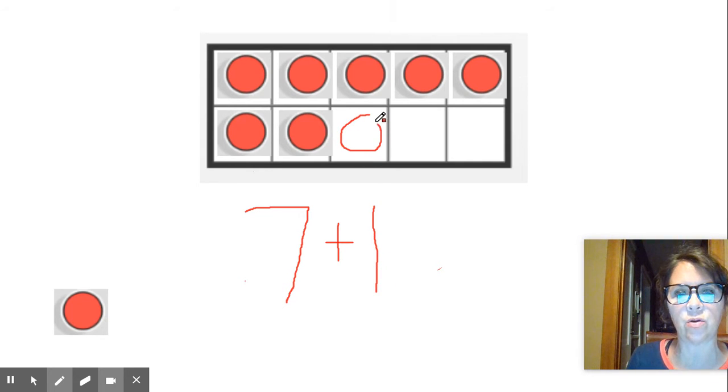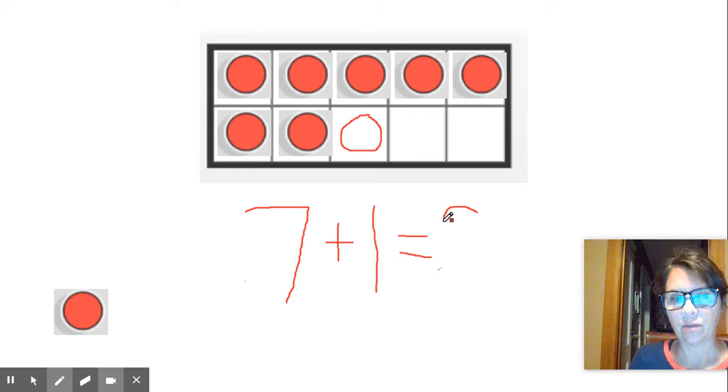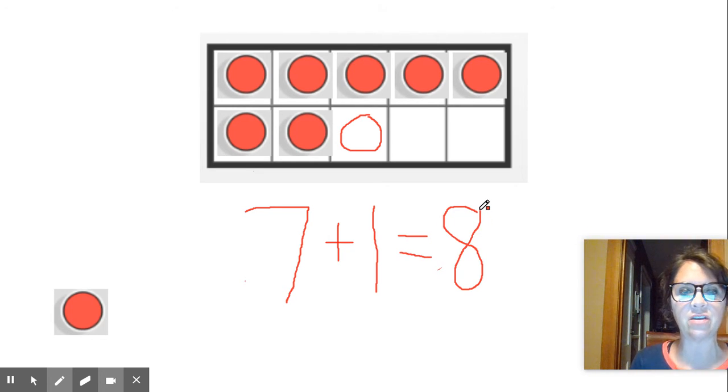I'm going to add one more to the 10 frame. How much does that equal? Count them up and write your answer. Let me pause. Okay, you now have 8. So 7 and one more makes 8. Very good.